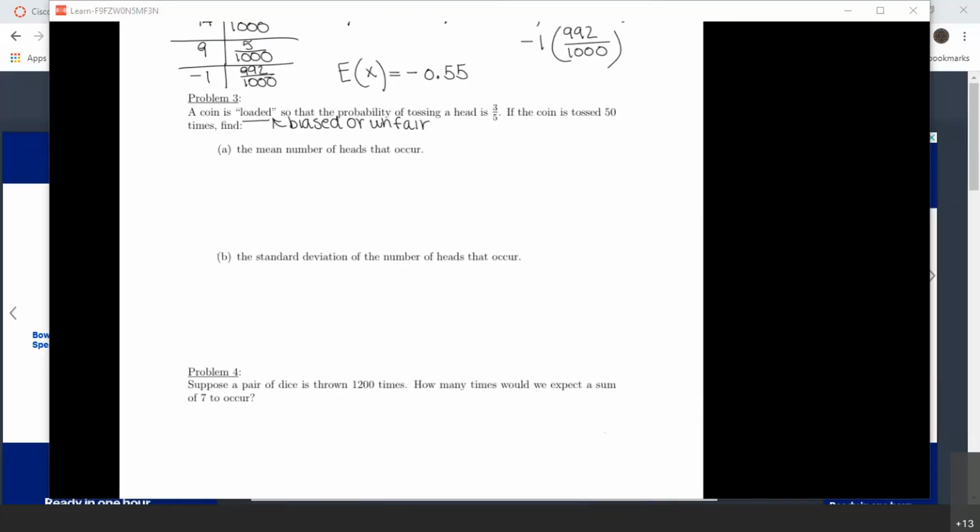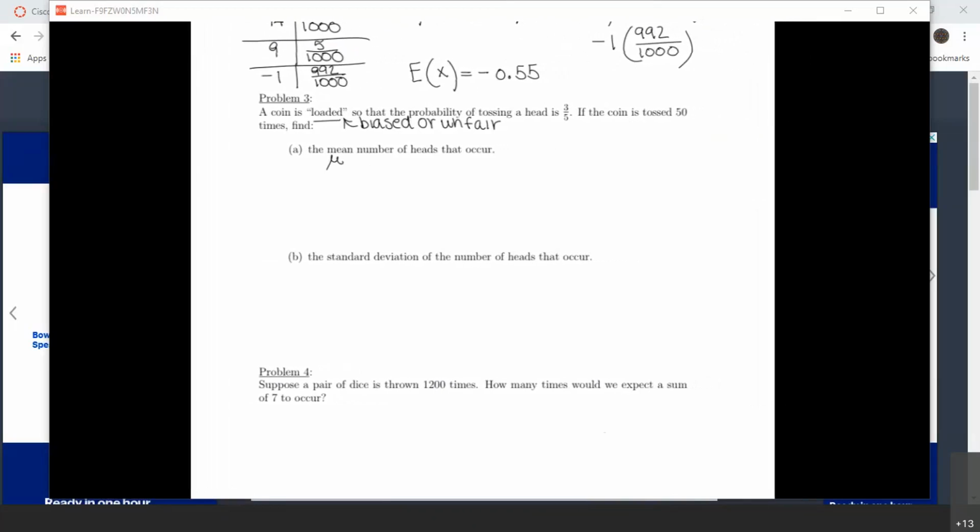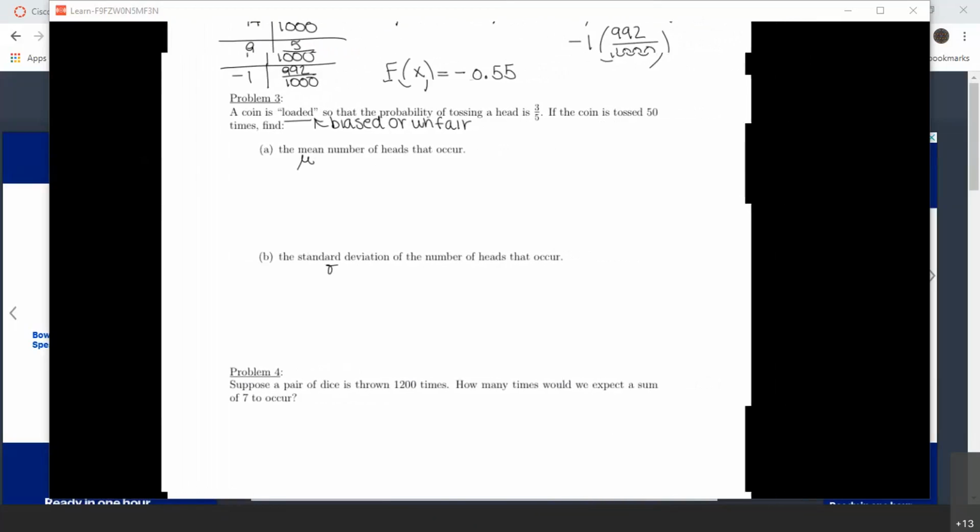So the probability of tossing a head is 3/5 instead of a half. If the coin's tossed 50 times, find the mean number of heads that occur, and the standard deviation of the number of heads that occur.